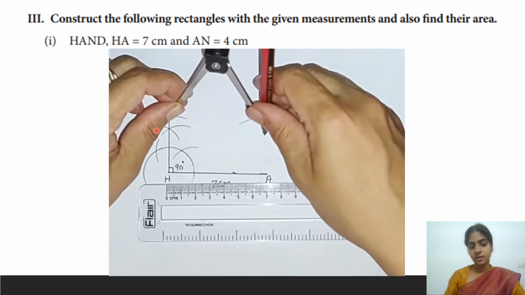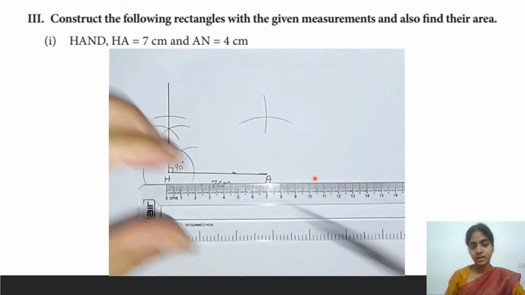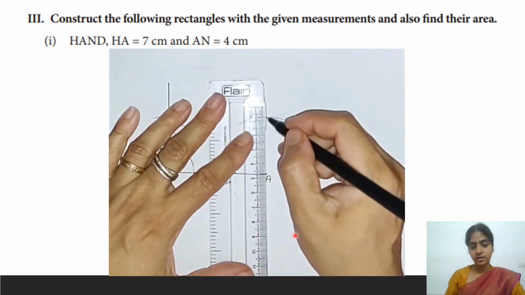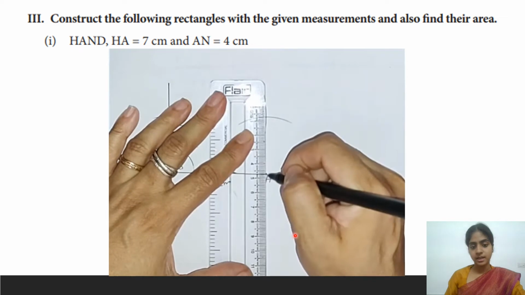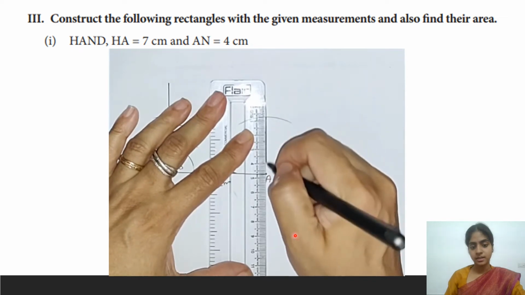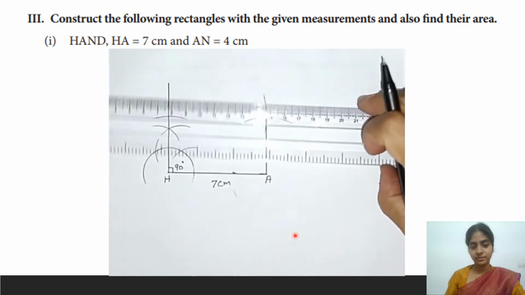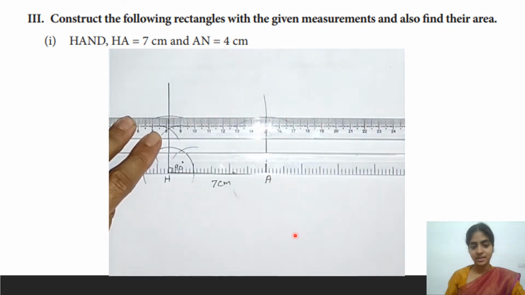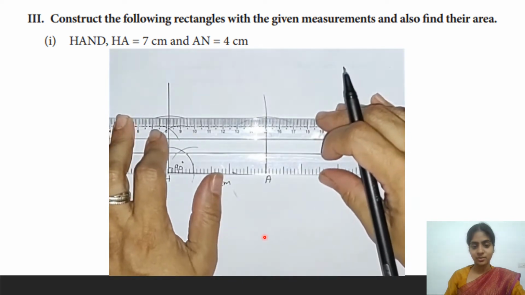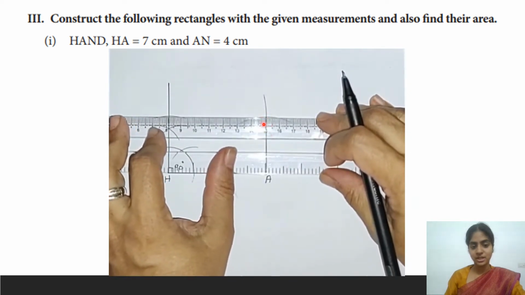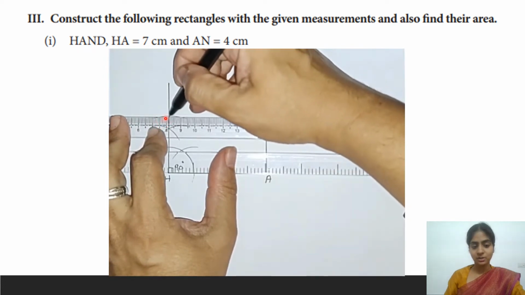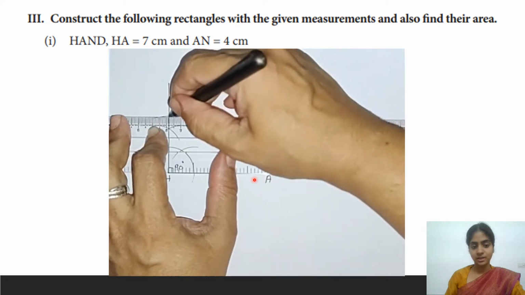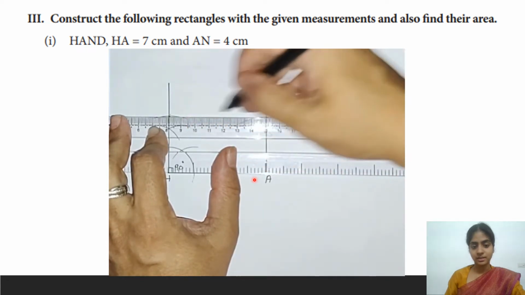Once that is done, from D we mark at A and we join A and N. After joining all the intersection points, we join this intersection point, which is N, and this intersection point, which is D. When you join, you get the rectangle.